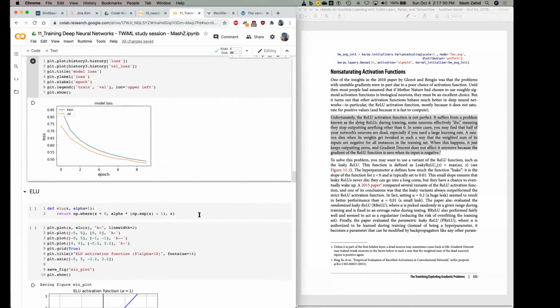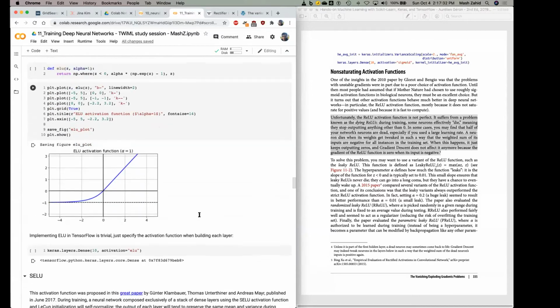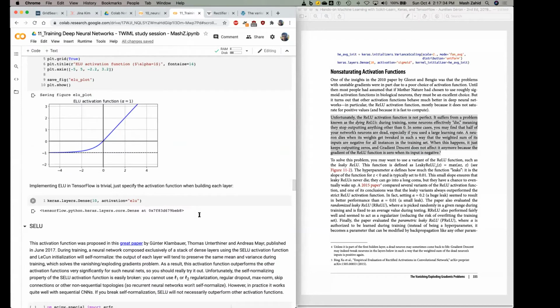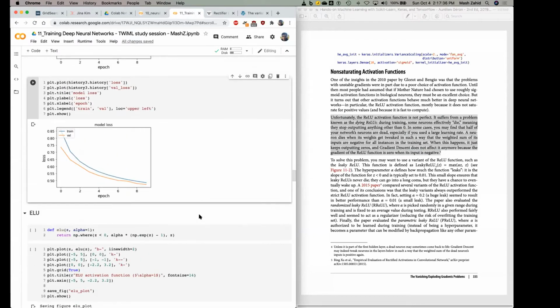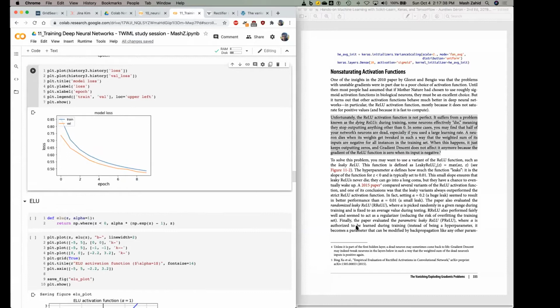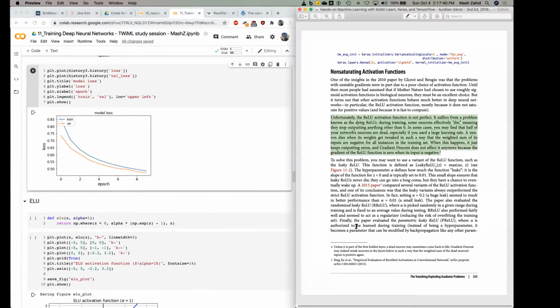So having a large learning rate would certainly contribute to a dying ReLU problem. If we see a significant dying ReLU problem, one thing we can do is reduce the learning rate.